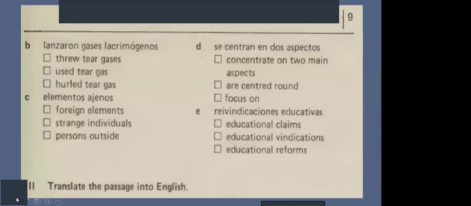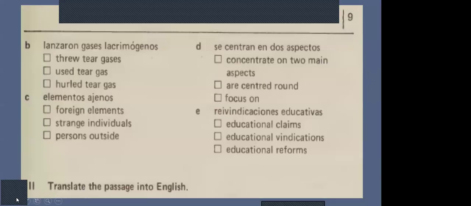Could be persons outside, which is more descriptive. Why did you select that one? Why did you pick persons outside for "elementos ajenos"? Okay, what I'm taking into account is that foreign elements can be disguising, and it can be interpreted wrongly.